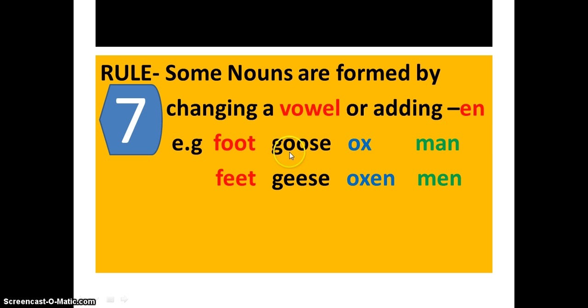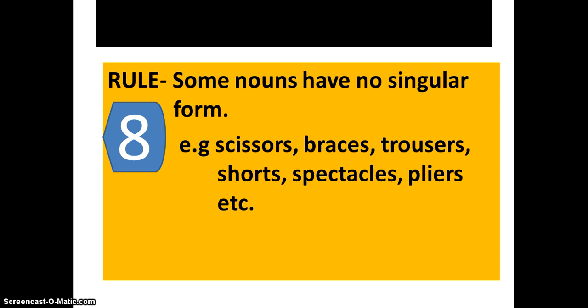The plural of goose, we change the OO and it becomes geese. How about ox? We add EN to ox, and it becomes oxen. Man, we change the A to E, so it becomes men. The same thing applies to woman, which becomes women. Beautiful. Alright, now let's move on to rule number 8.